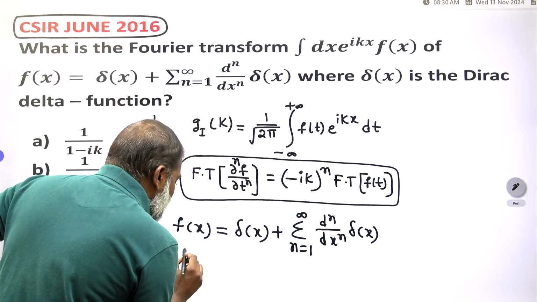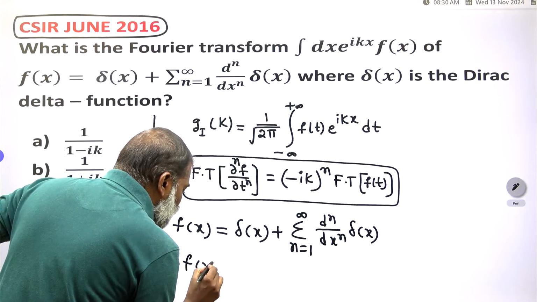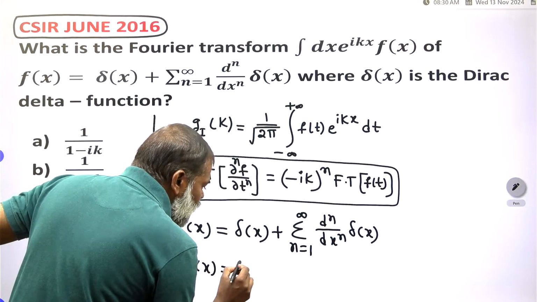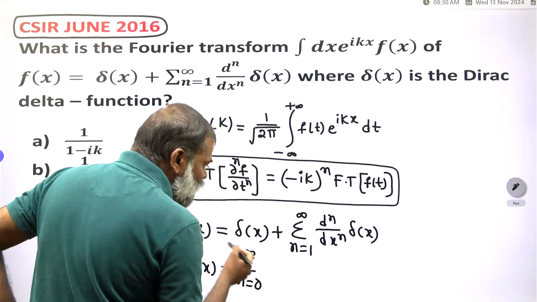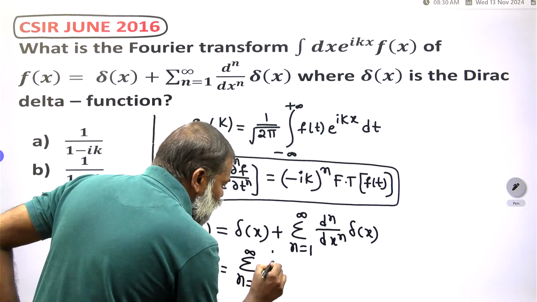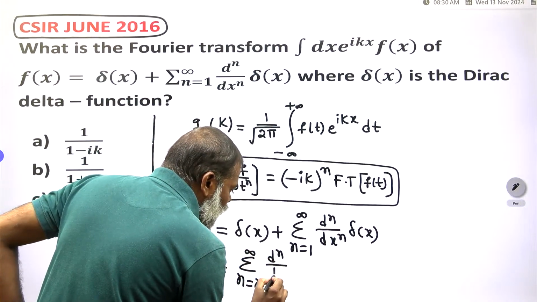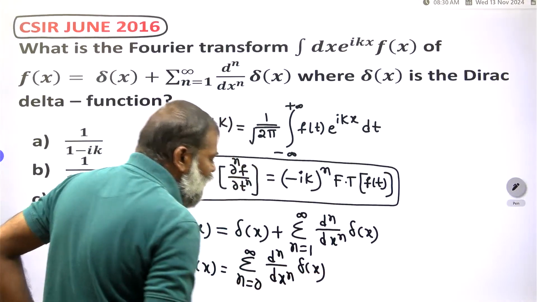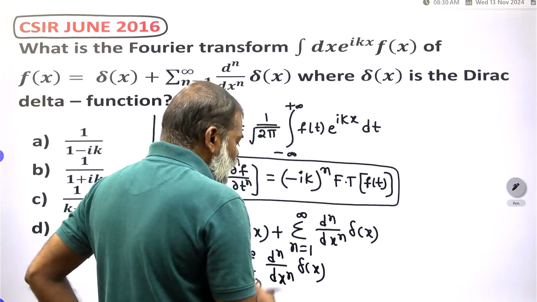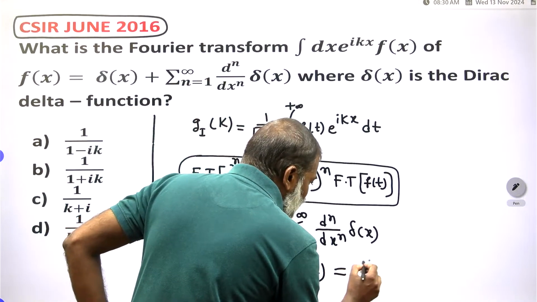This one I am rearranging. So f of x is equal to the summation n equal to 0 to infinity of d to the power n by dx to the power n of the delta function of x, I am writing. Again I have to rearrange this one.